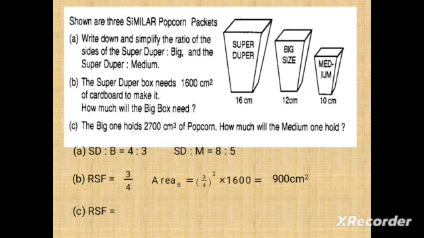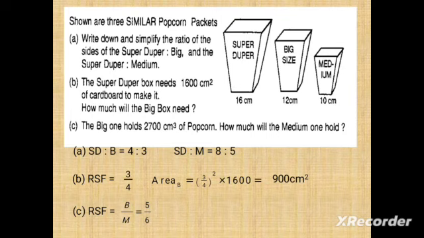The big one holds 2,700 cubic centimeters of popcorn. How much will the medium one hold? So again, we are going to find the linear scale factor between the bigger and the medium. So it will be 5 over 6.